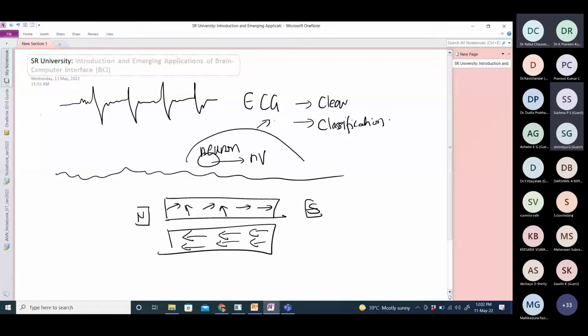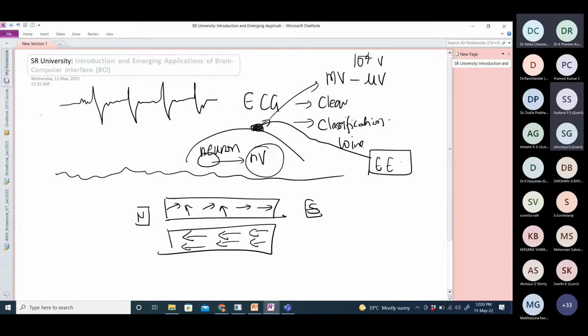Even if it is nanovolts in one neuron and you have millions of neurons, the total voltage you capture will be in the millivolt to microvolt range, like 10 to the power minus 4 volt. So it is a very small voltage. You can capture it by applying an electrode and wire and a device called an EEG acquisition device, and then finally send it to your PC.